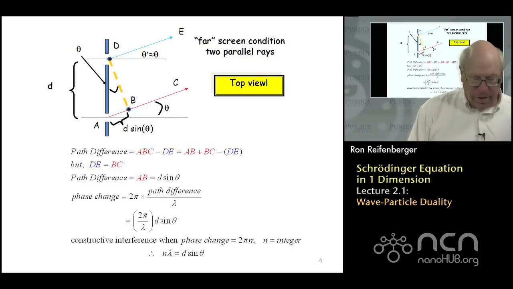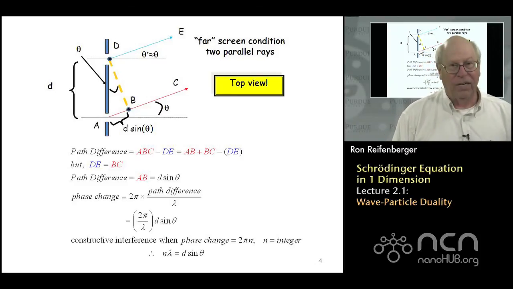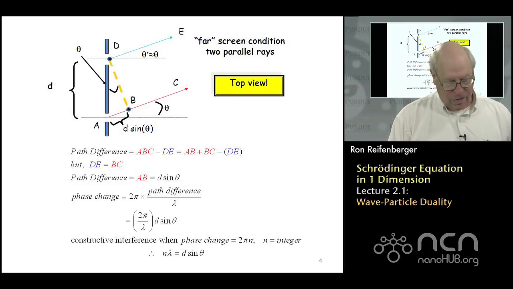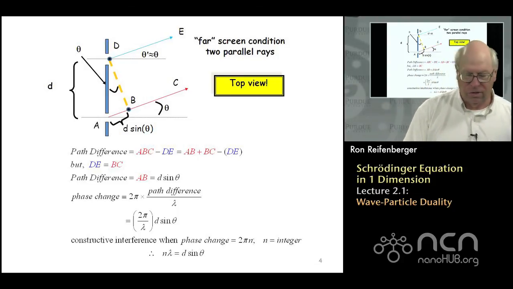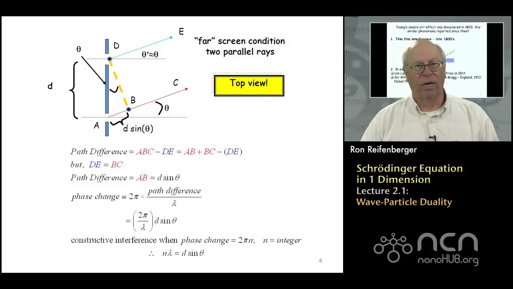So this is Young's explanation for the observation of those bright and dark bands on the observation screen. And the explanation for that treats light strictly as a wave. There's no question about it. Light has to behave as a wave in order to produce those bright fringes on the screen.